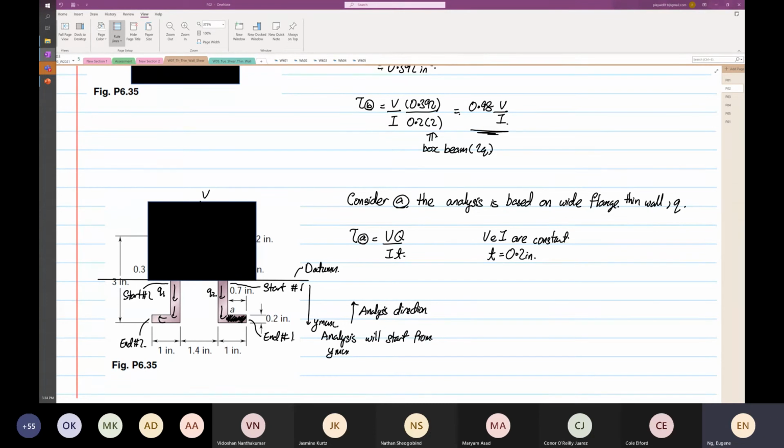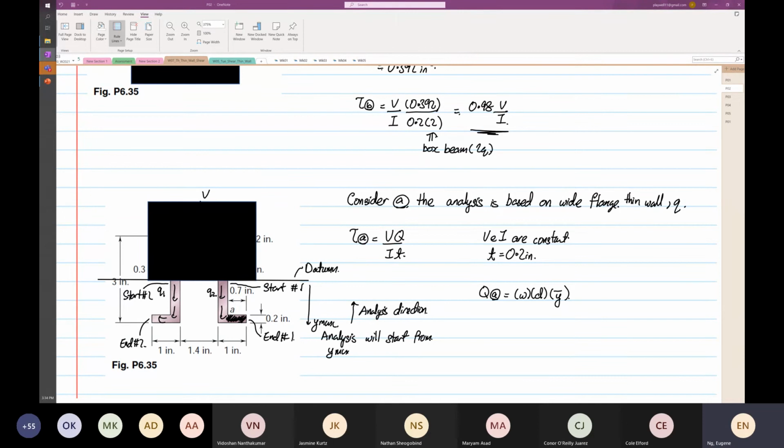So now we're going to find Q at point A. I like to use width times depth multiplied by Y bar.